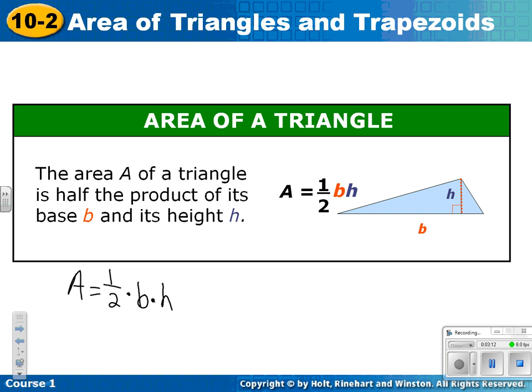Multiplying by 1/2 is the same as dividing by 2. So another way to think about this is you could go base times height divided by 2. That's another way to think about it, because you are doing the same thing. Okay?